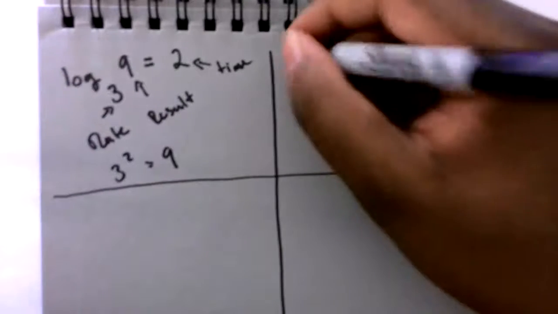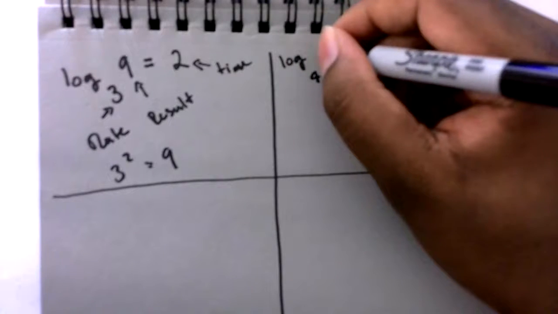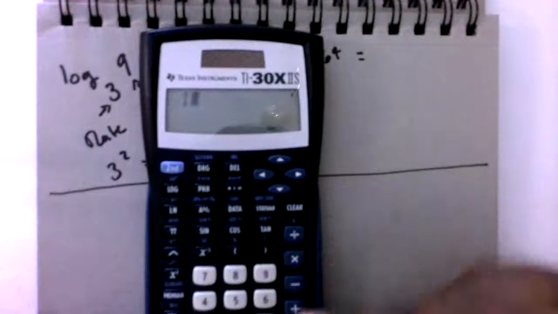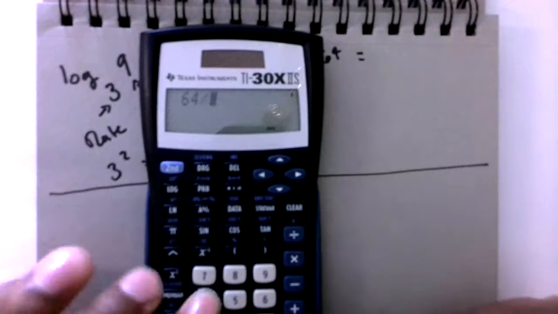All right. What about log base 4 of 64? Well, a way you can do this, let's say you don't know that 4 cubed is 64, which it is, is to take 64 and divide by 4, which gives me 16.